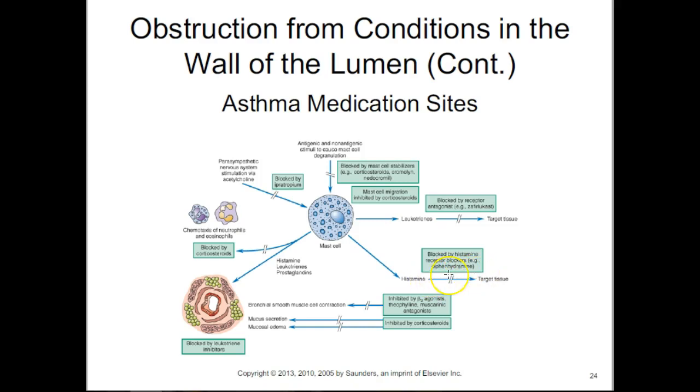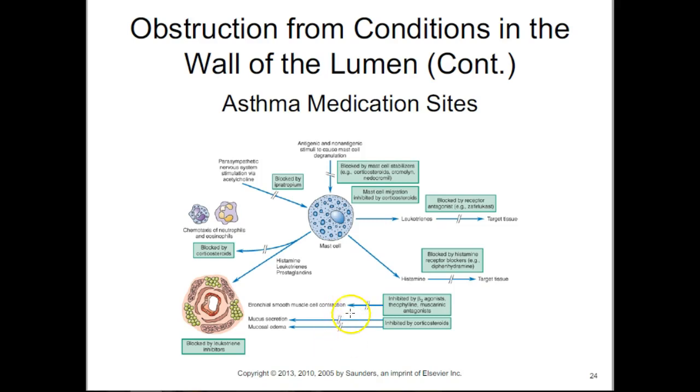Diphenhydramine, right, which is your regular Benadryl, right? You're going to block the histamine from reaching and attaching to its receptors at its target tissue. You might see those beta agonists, right, theophylline and other muscarinic antagonists that are going to prevent the bronchial smooth muscle contraction.